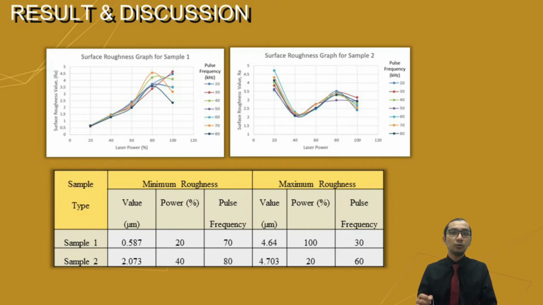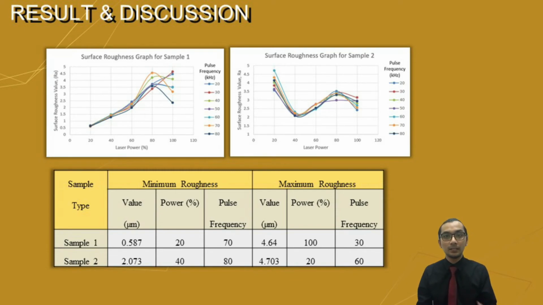While for sample 2, 40% laser power provides the best result for engraving surface quality, showing the lowest surface roughness value for all the pulse frequencies.